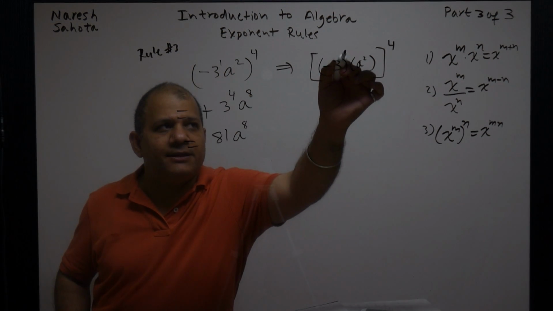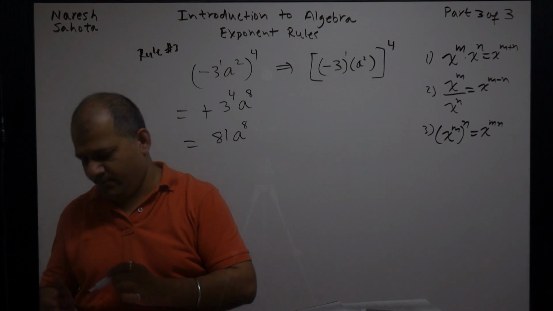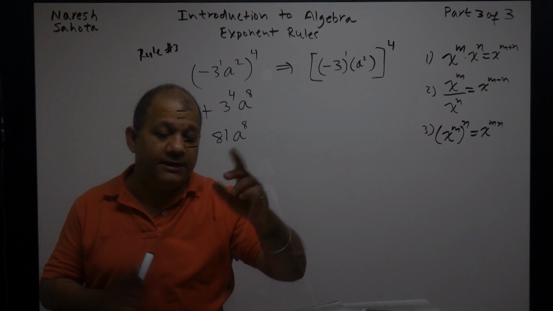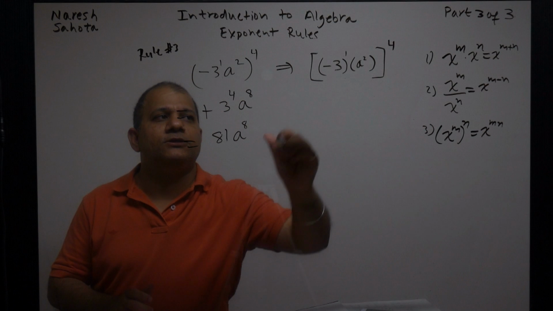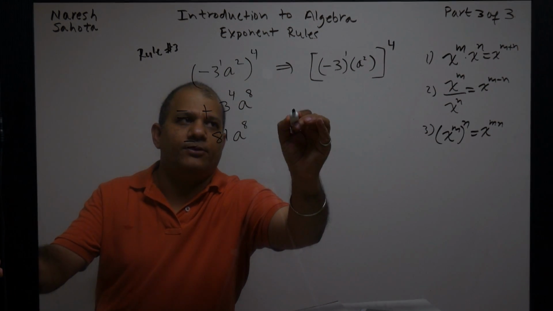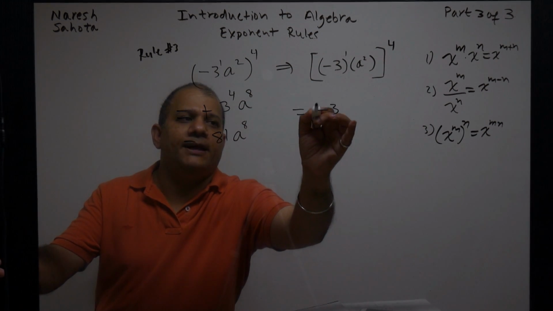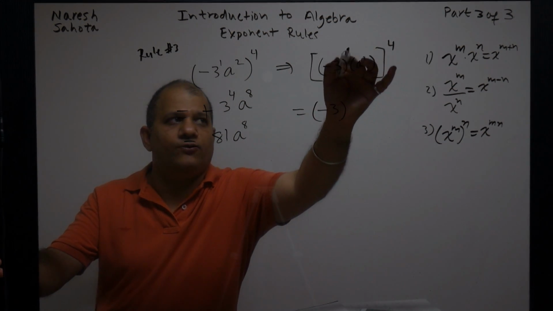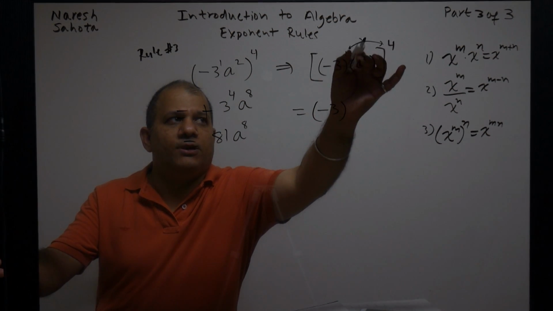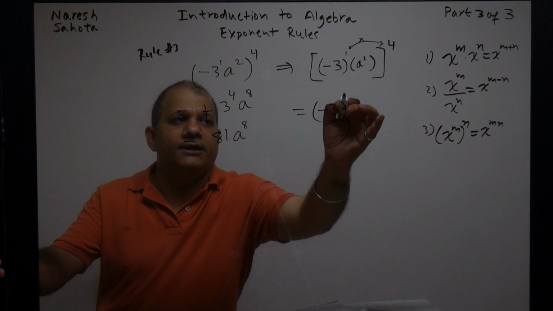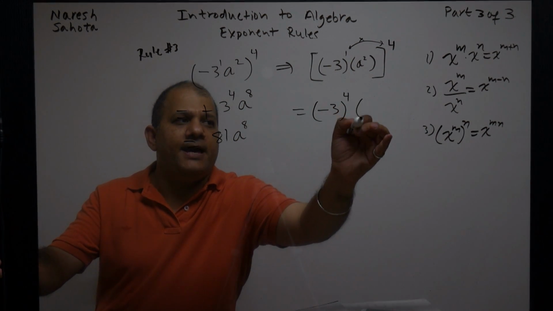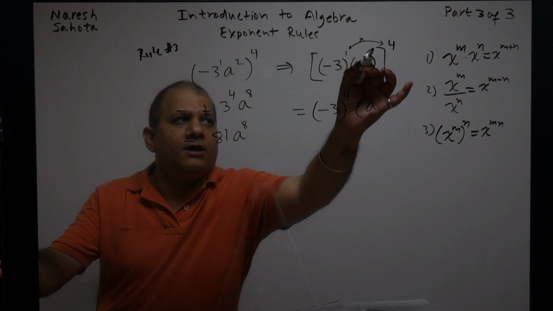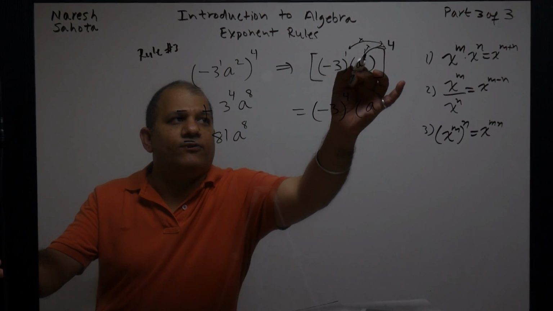So now it's clear for me that I can put an exponent of 1 on the outside of -3, right? So now I can apply rule number 3. So this will become -3 raised to the exponent 1 times 4, which is 4, right? So you multiply those. 1 times 4 is 4, and then a to the, you multiply the 2 and 4.